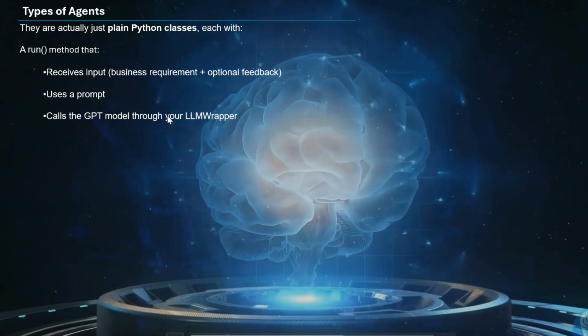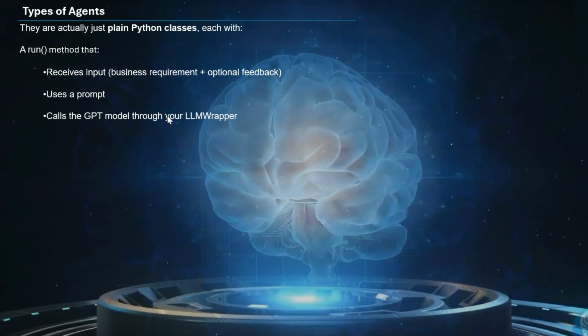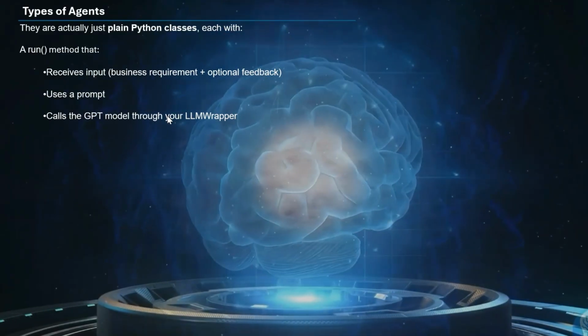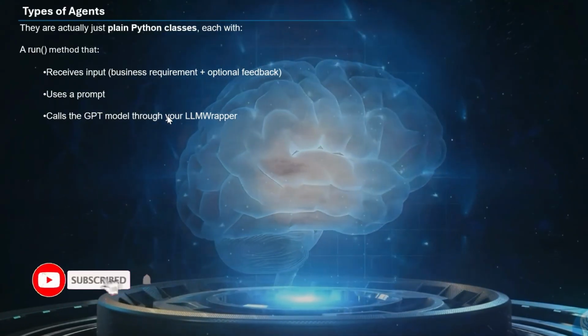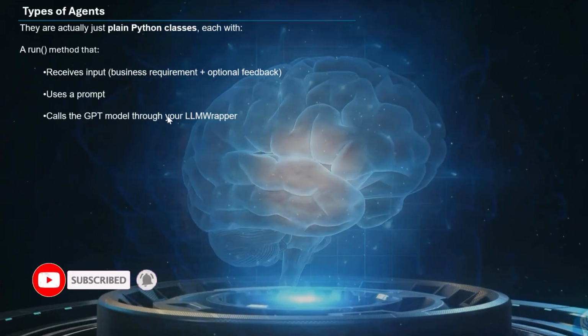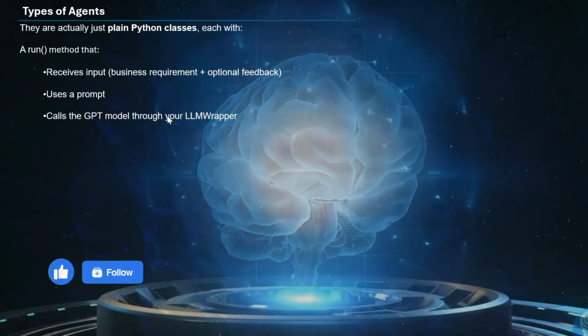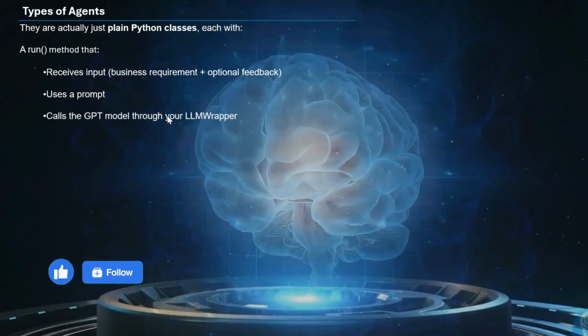So I'm not using any particular framework but just Python classes here, and I have put separate Python classes for individual sections and named them as agents in this overall folder structure.